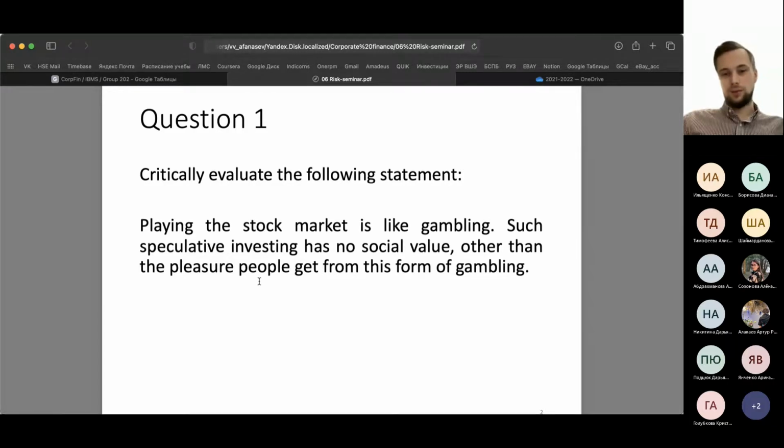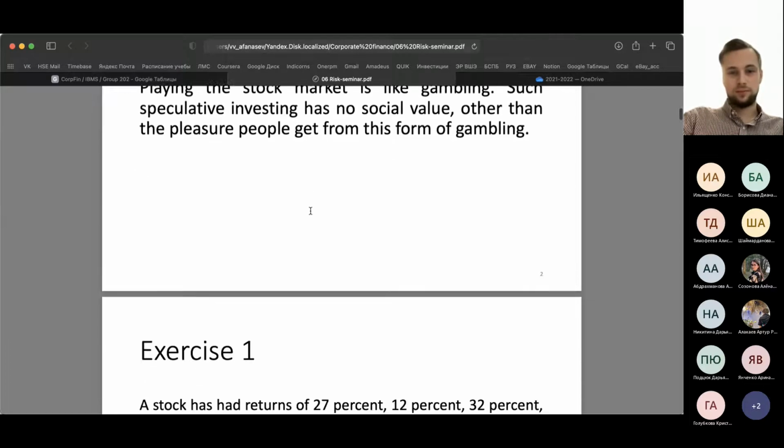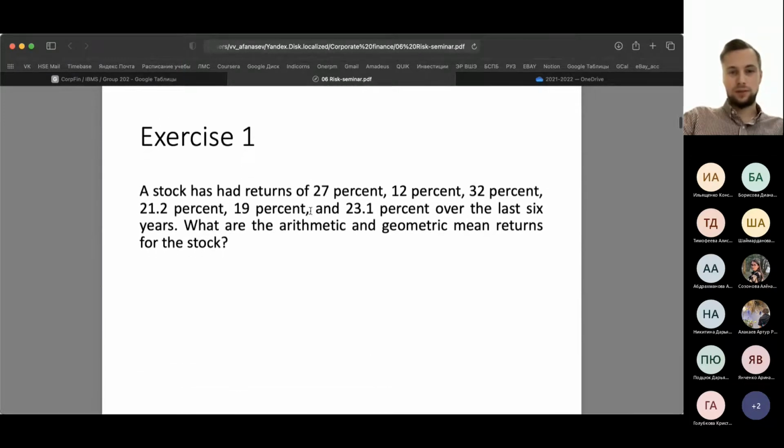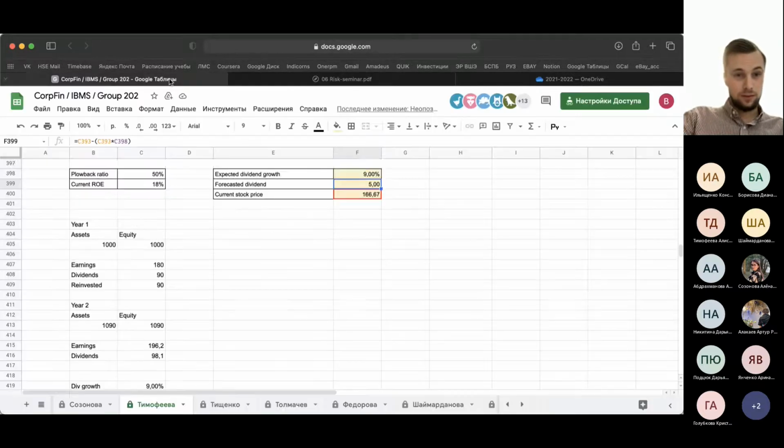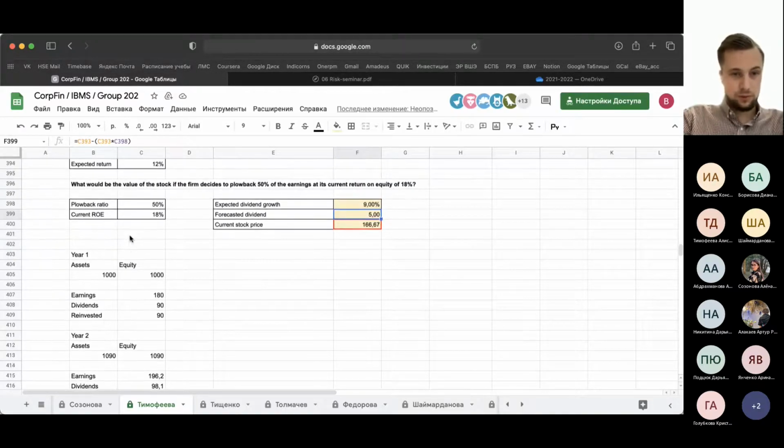But when we are talking about the stock market, the stock market tends to grow. So the wealth of every investor in theory can grow. Okay. Well, let's then make some exercise. Let's go to the spreadsheets and I will upload the tasks. One second.